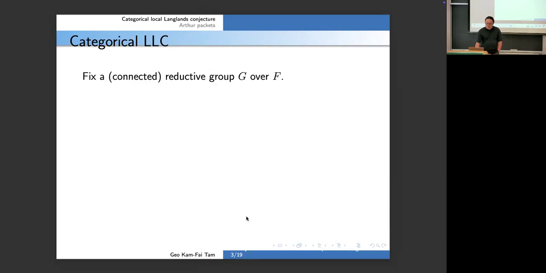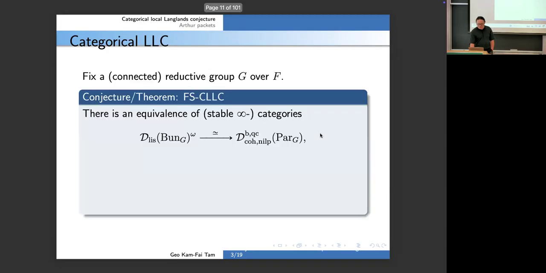So we fix a reductive group G over F, and the conjecture is directly given by Fargues-Scholze. It says that there's an equivalence of stable infinity categories, whatever that means. The two categories: on the left-hand side, this is the derived category of compact, let's say, sheaves on Bun_G.